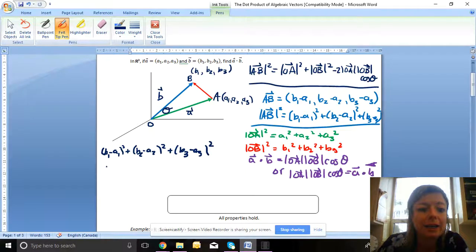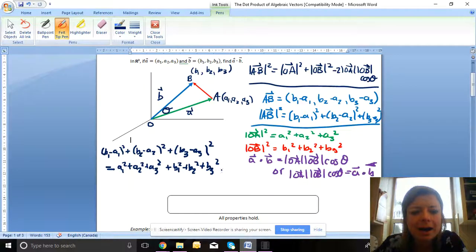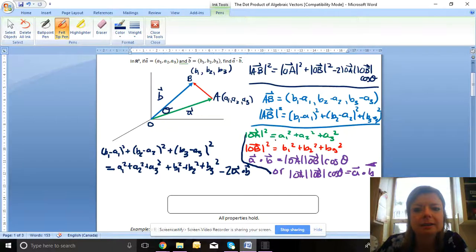Then that will equal OA squared, which is A1 squared plus A2 squared plus A3 squared, plus OB squared, which is B1 squared plus B2 squared plus B3 squared, minus 2 times A dot B, because OA OB cos theta could be rewritten as just A dot B.